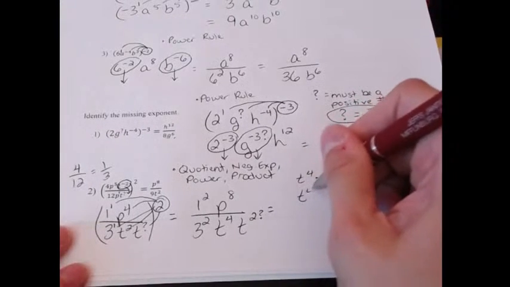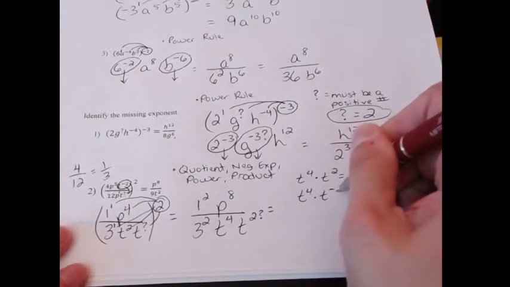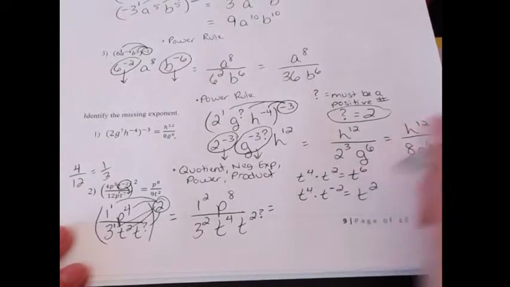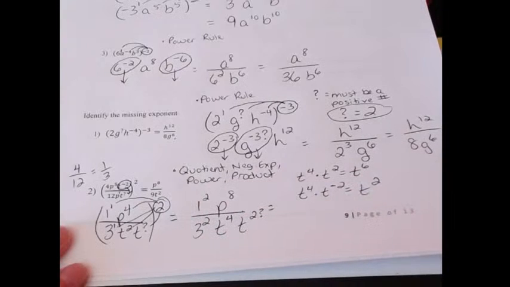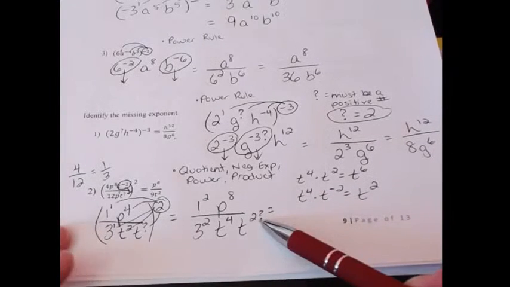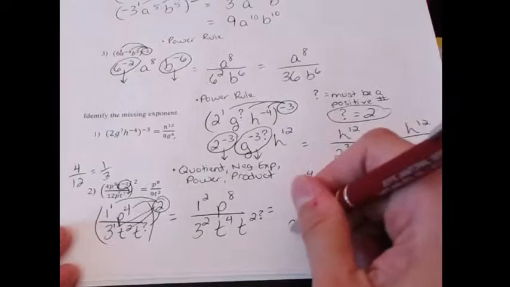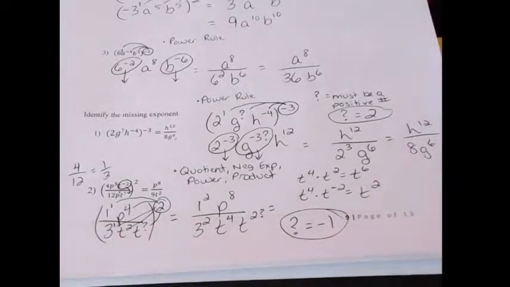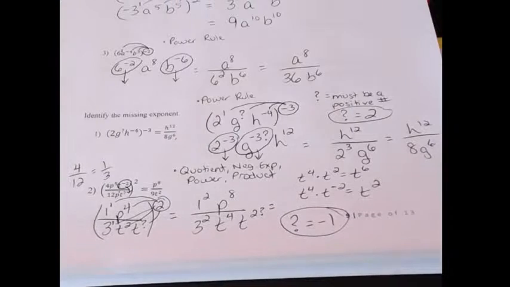What if I had t to the 4th times t to the negative 2? Well, now I have keep the base, add the powers, and I'm left with exactly what I'm looking for. So notice here, my power is 2 times a question mark. Well, we need to make this power negative, so that question mark must be equal to -1. And that concludes our answer.